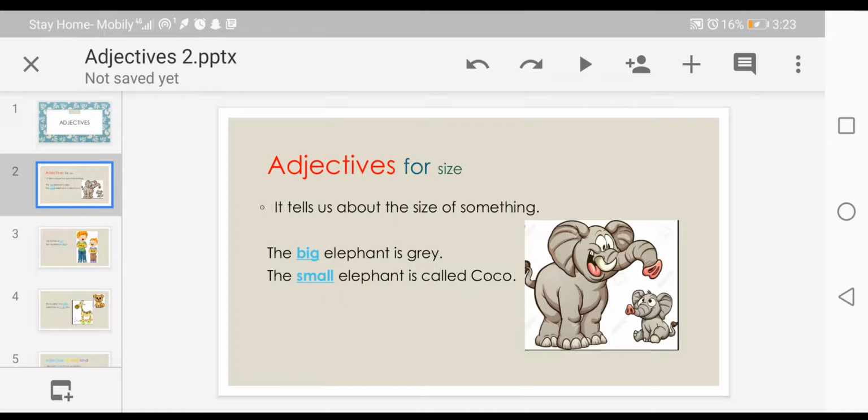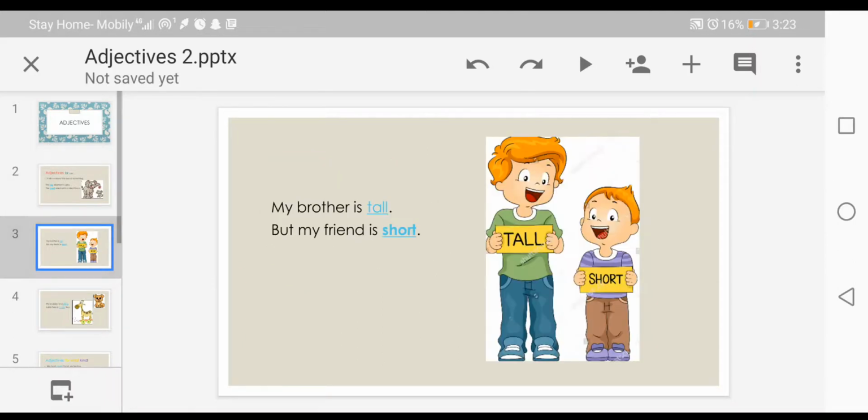So see, adjectives help us differentiate and understand which one, or what, you are talking about.